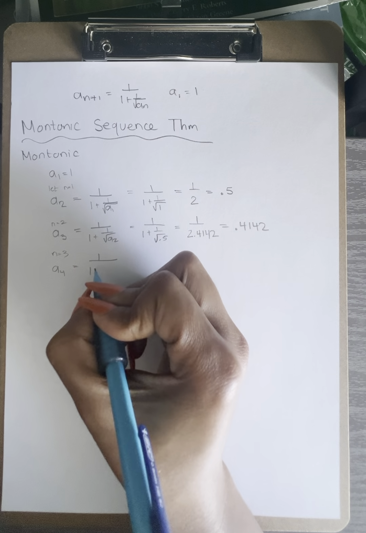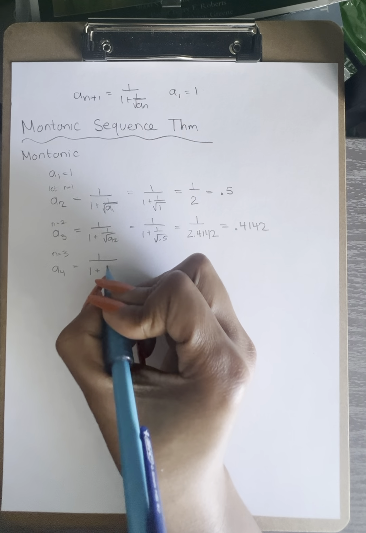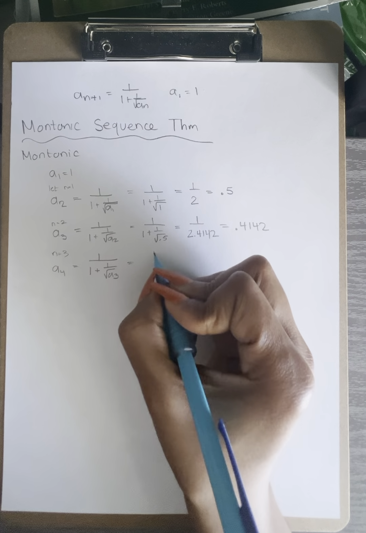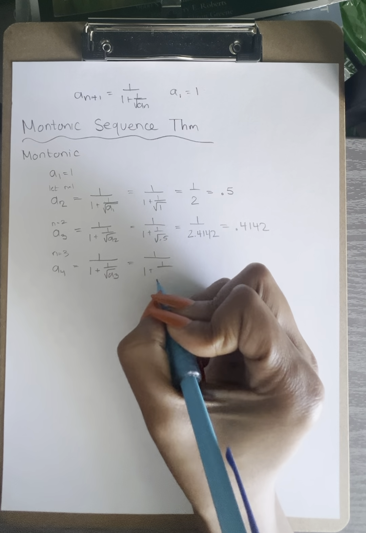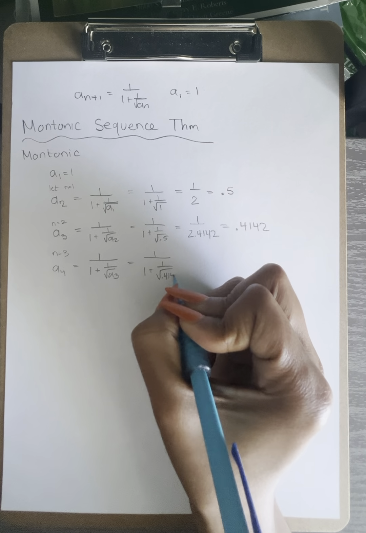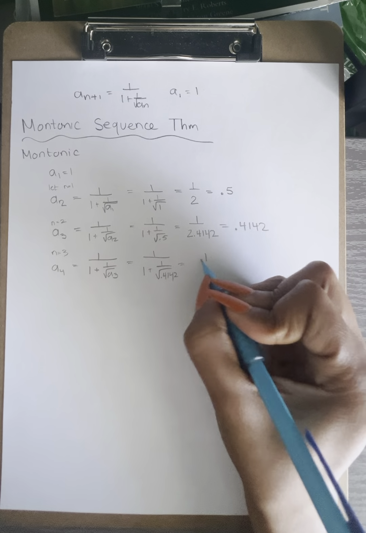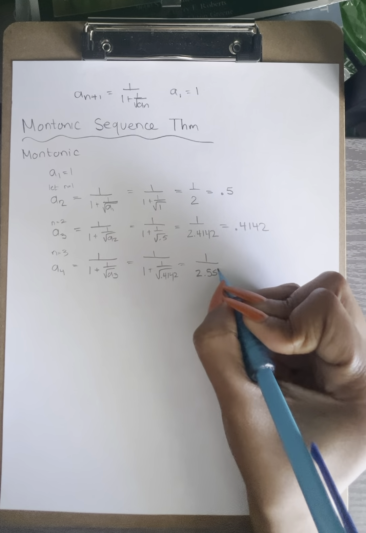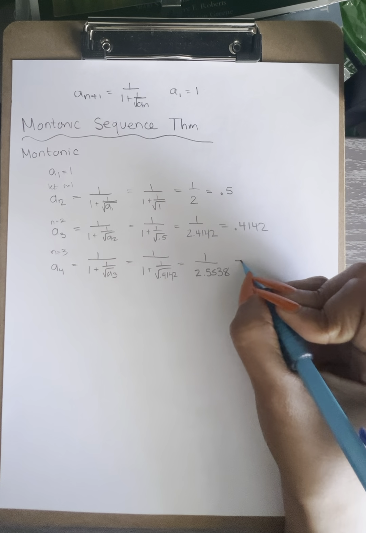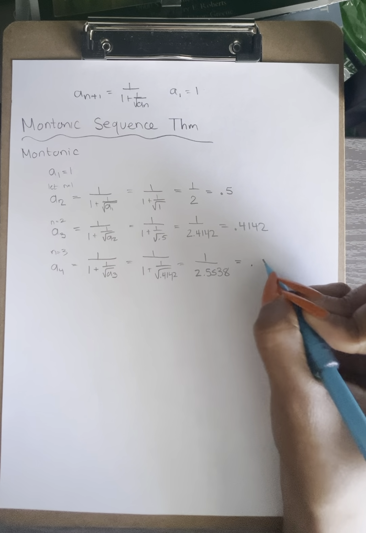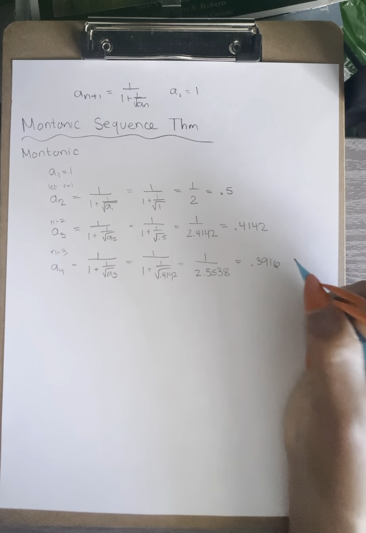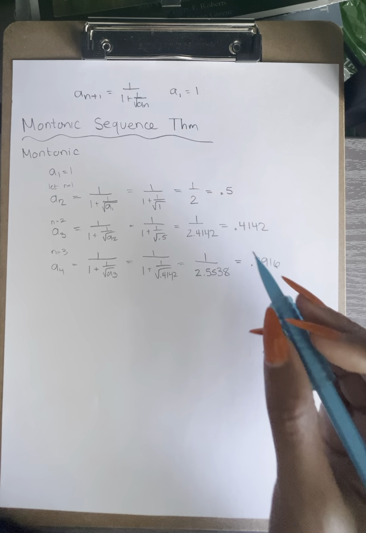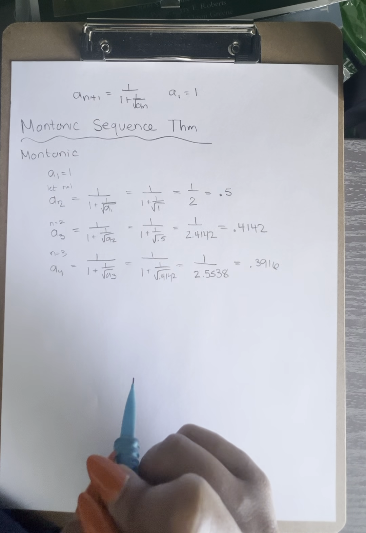So I have 1 over 1 plus 1 over the square root of a3, which is 0.4142. I plug that into a calculator and it gives me 2.5538, which will simplify down to 0.3916. Okay, so I see that my sequence does seem to be decreasing.